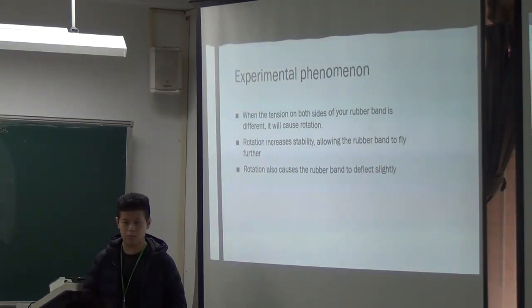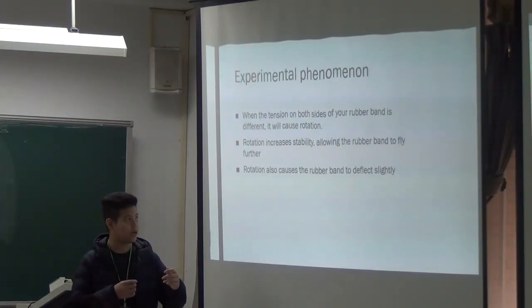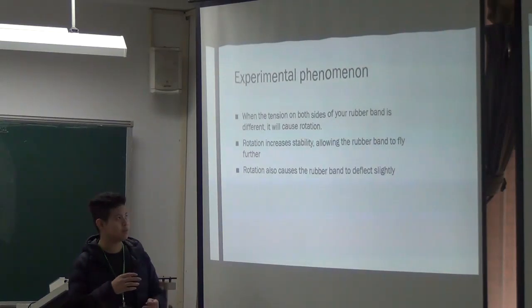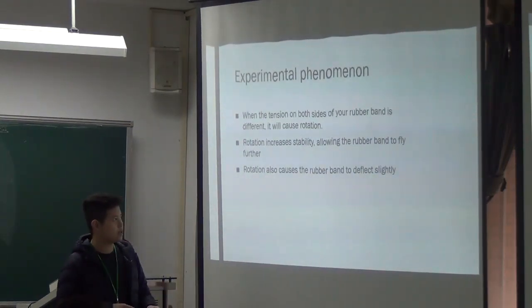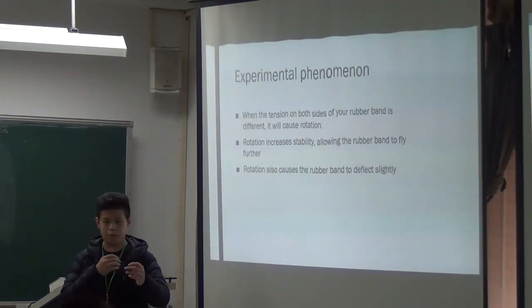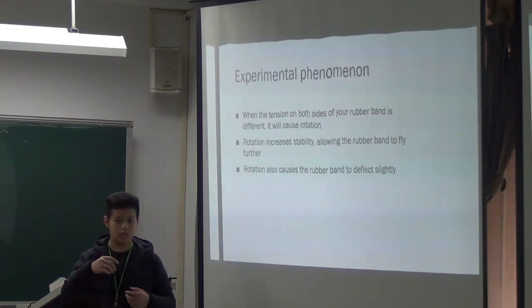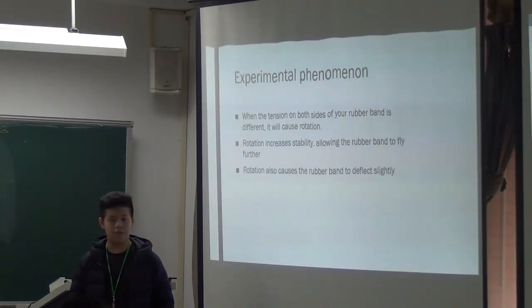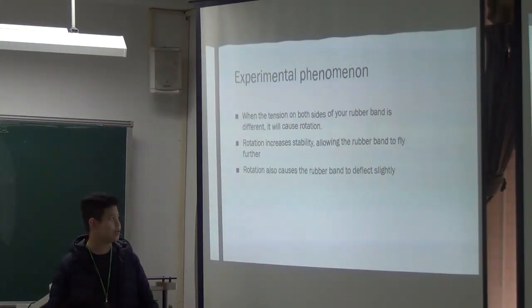When the tension on both rubber band sides is different, it will cause the spin. And when the rubber band is shot, the spin can make the rubber band stable, so it can fly further.